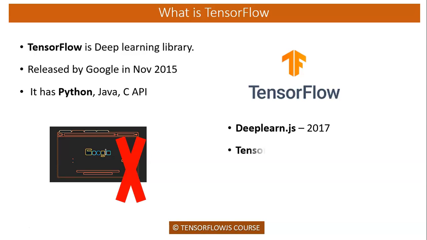The same library got renamed to tensorflow.js in 2018. That is how, from the Python and C, C++ based version of TensorFlow, the tensorflow.js library came into existence in 2018, and we have shifted the computational flow of small models from server side languages like Python and Java to client side JavaScript with the help of the tensorflow.js library.